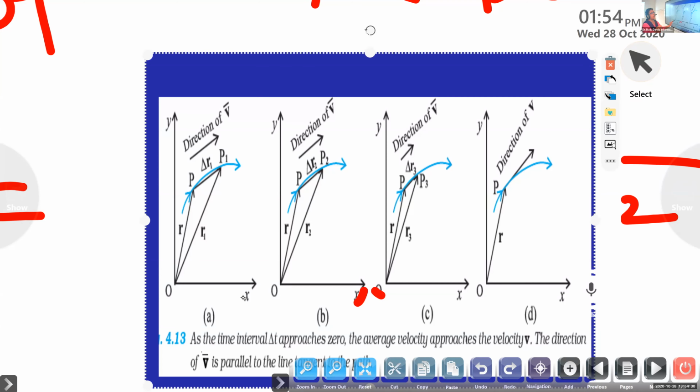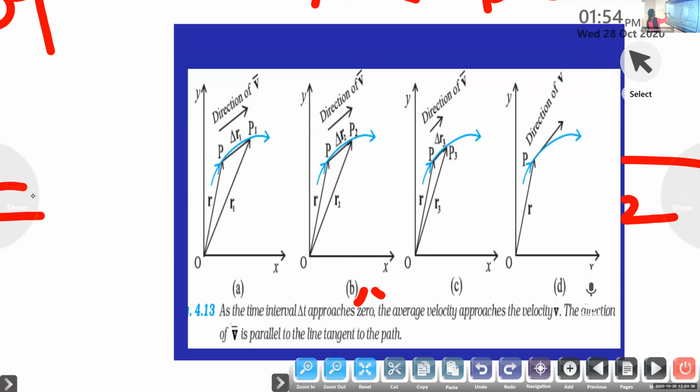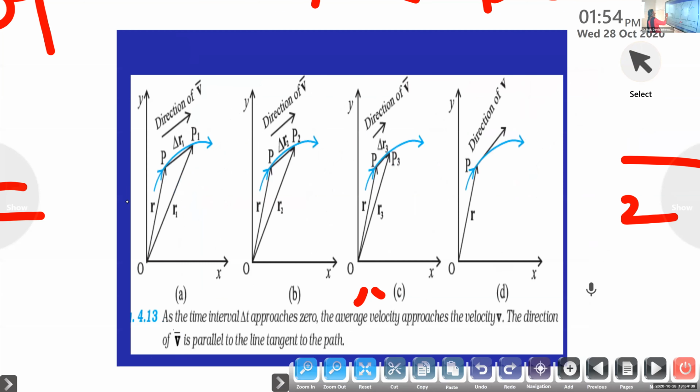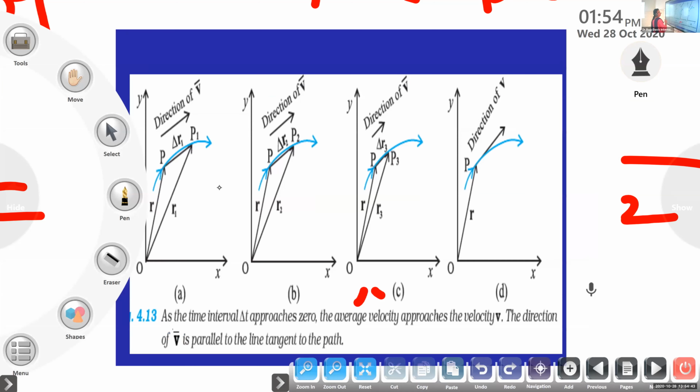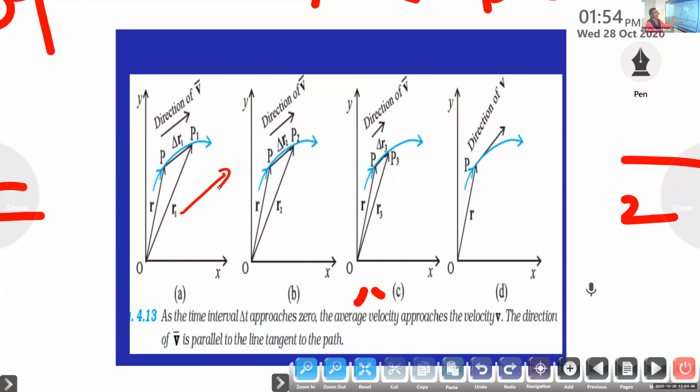Now time is slowly reducing. At this point, this resultant vector is a little bigger. Now time is reducing, and slowly we are taking the change in displacement in a smaller time. You can see this vector going on reducing.